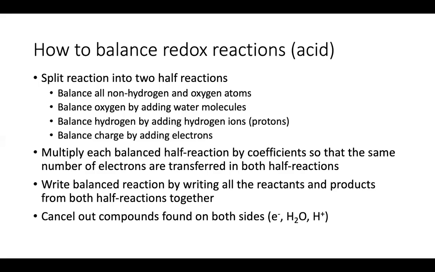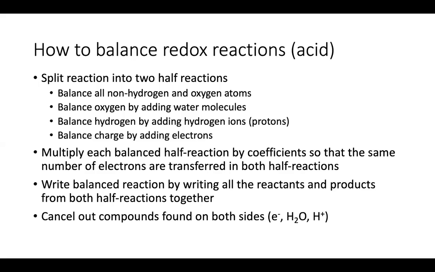Then your last step to balance each half reaction, and these sub-points are each just to balance one half reaction, is to balance charge by adding electrons. After you do all those steps, you will have a balanced half reaction, and you'll do the same exact steps for the other half reaction as well.